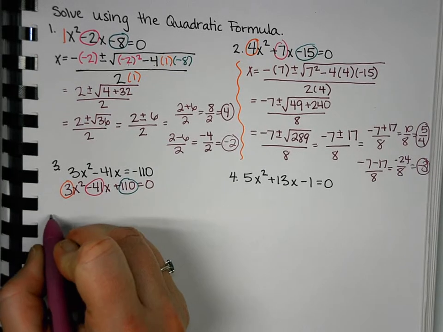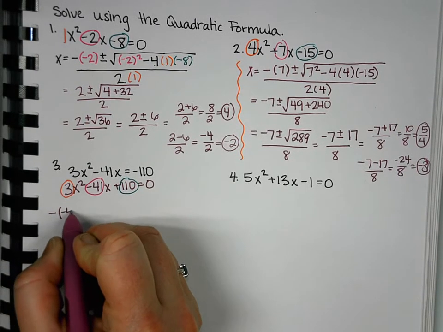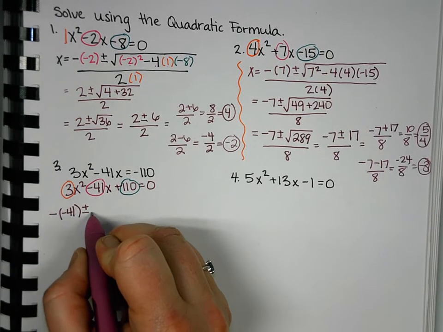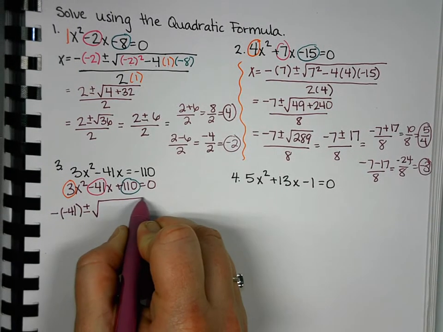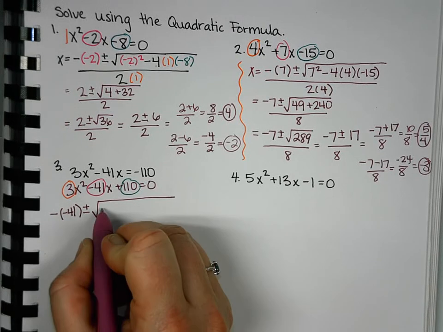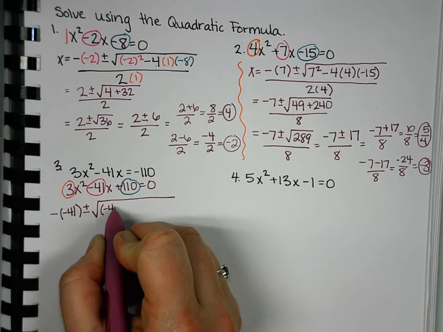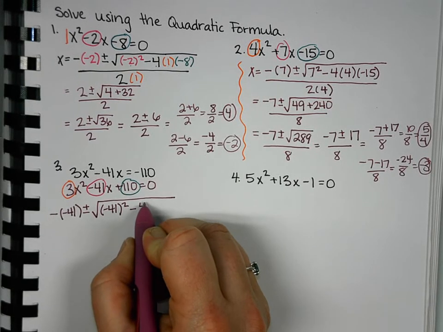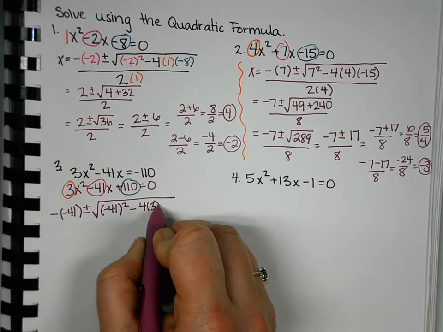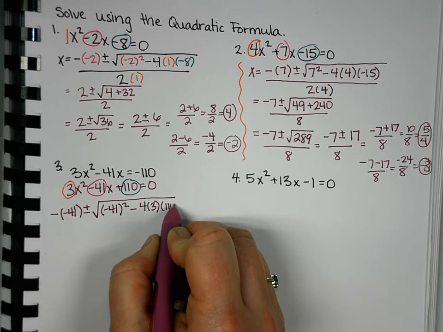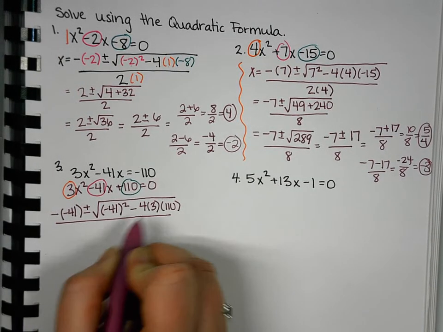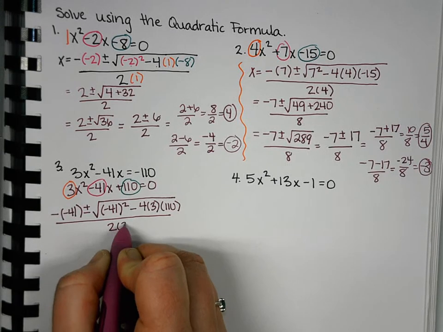So negative negative 41, plus or minus the square root of negative 41 squared minus 4 times 3 times 110, all over 2 times 3.